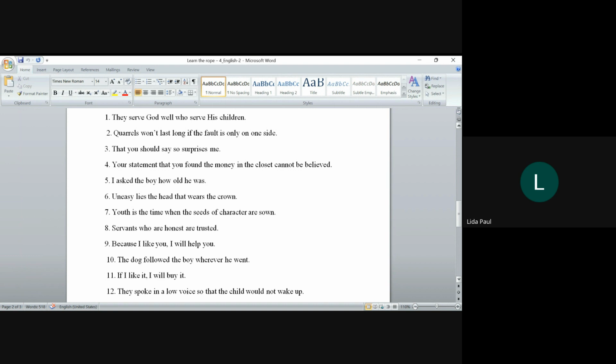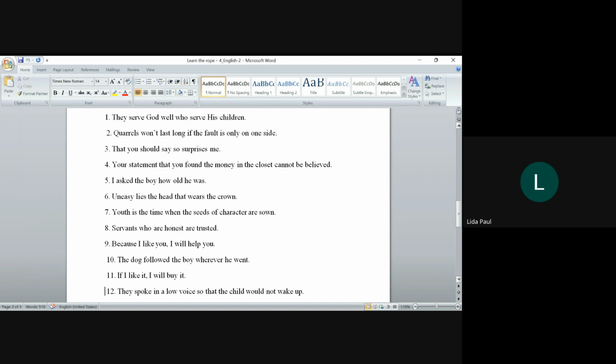You can replace it with a noun. You can say, I asked the boy a question. So any permissible, meaningful noun can be replaced for how old he was. So, nominal clause, correct.